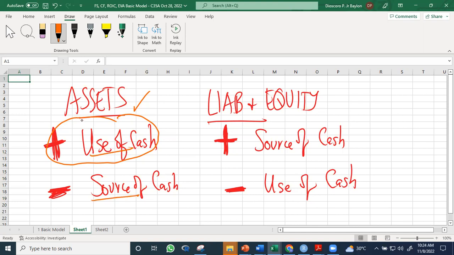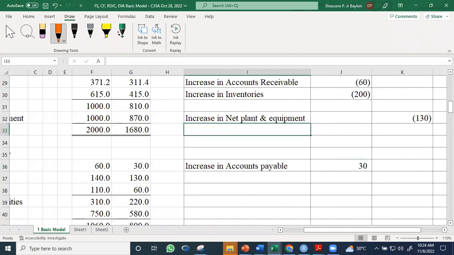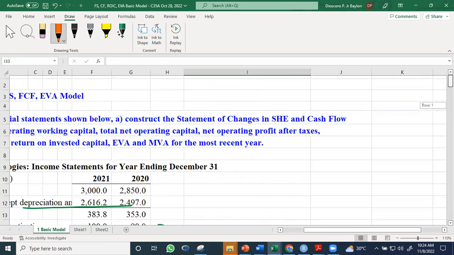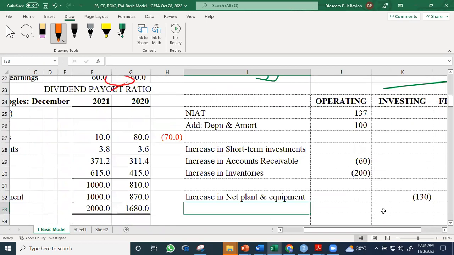And in the liability and equity side, it will be the opposite. If liabilities and equity increase, it should be the opposite of use. It's a source of cash. So with that as a guideline, it will be easy for us now to complete the others, just using that guideline.